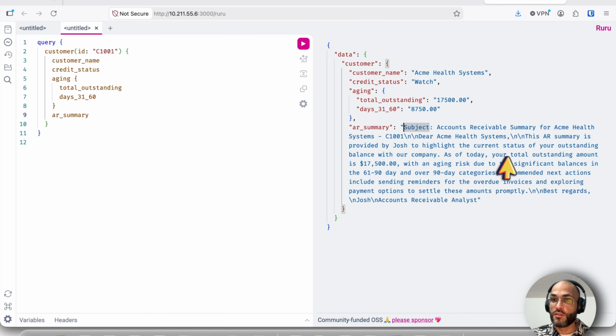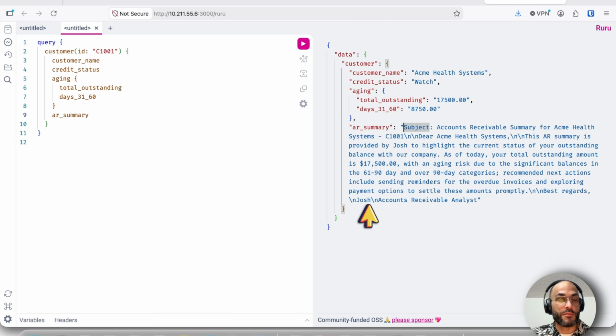As of today, your total outstanding amount is $7,500, with an aging risk due to the significant balances in the 61 to 90 day and over 90-day categories. Recommended next actions include sending reminders, and so on. So again, this is an AI response used to aid an AR analyst with this process.